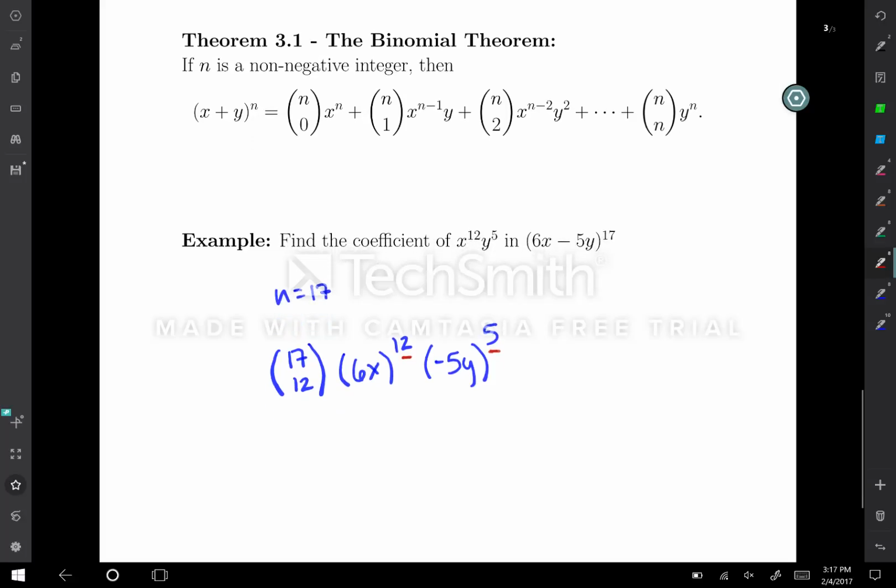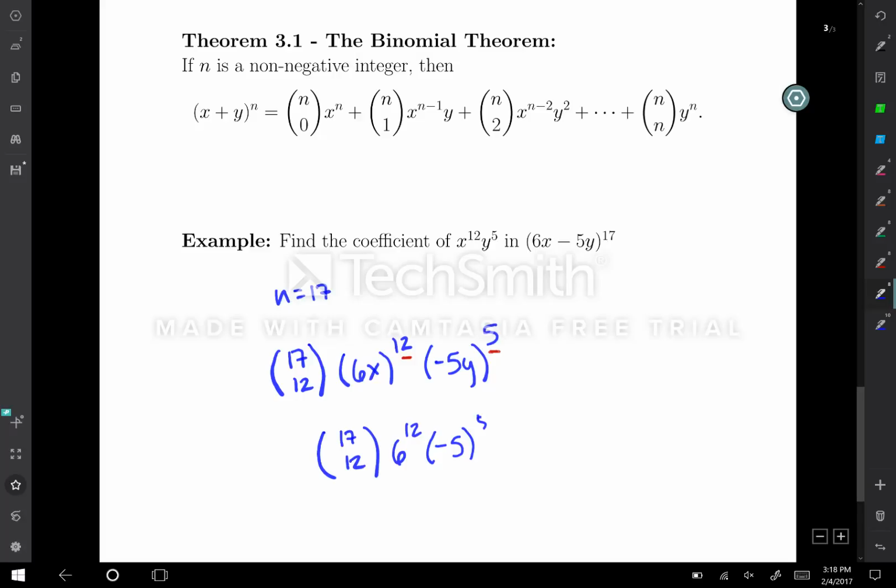Since we're only interested in the coefficient, we'll just take 17 choose 12, 6 to the 12th, and negative 5 to the 5th. That's a very large number. We're not going to multiply it out. But in that form, we know what it would be.